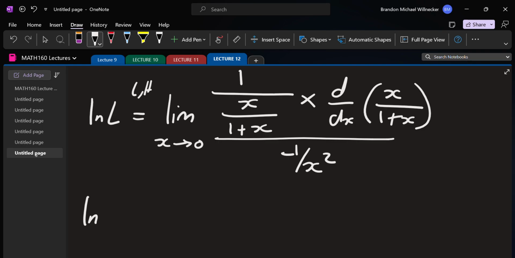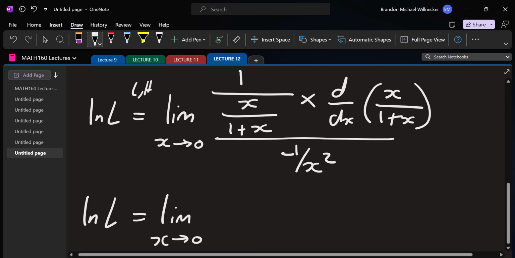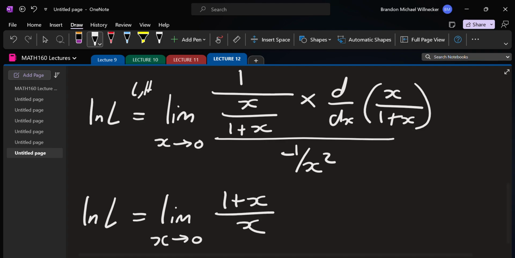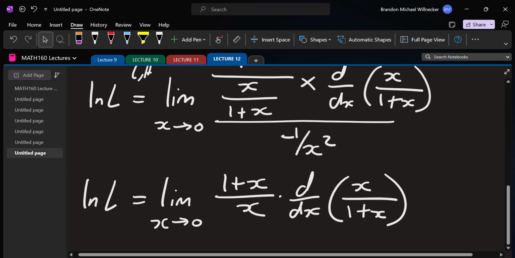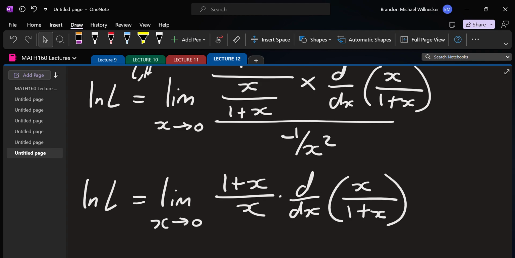Okay. Now we can make things a little bit simpler. This 1 over the fraction, we can swap the fraction to make it a bit easier to work with. So we have the natural log of L is the limit as x goes to 0. We can swap the fraction, so it will be 1 plus x over x. So 1 over the fraction, we just swap it. Okay, times, we can do this derivative later. Let's leave it there.